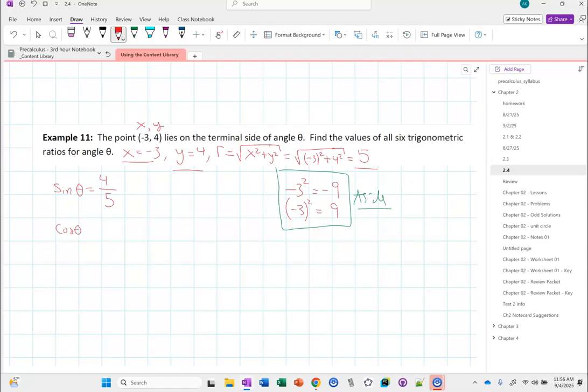And cosine theta then, what's that? -3/5, very good. And tangent theta is? 4/-3.